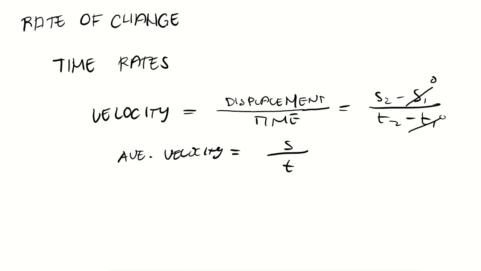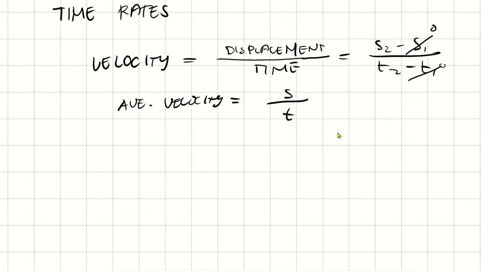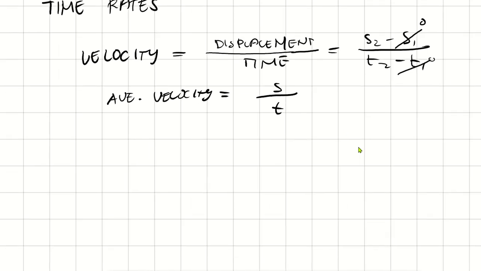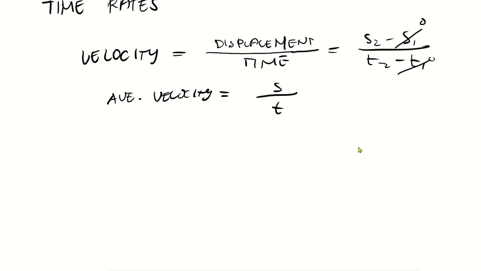But what if you want to determine the instantaneous velocity at a certain time? What's the velocity at this point in time? We call it instantaneous velocity. To do that, we go back to the first definition.